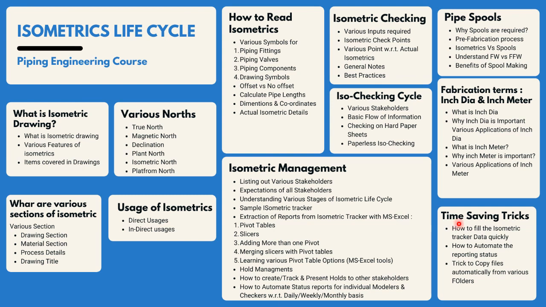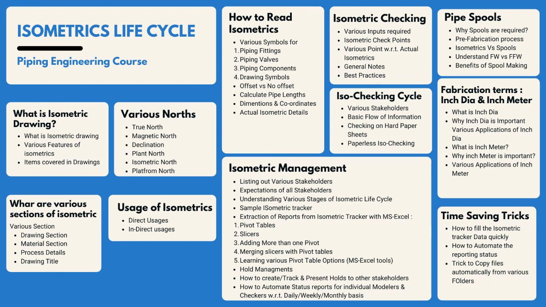Then time-saving tricks. There are a few tricks with the help of which we can fill our isometric tracker very quickly, and then we can generate automatic reports. We don't have to publish the reports to all the stakeholders. We'll look into how we can generate this automation, so people can come and automatically see the current status in real time.